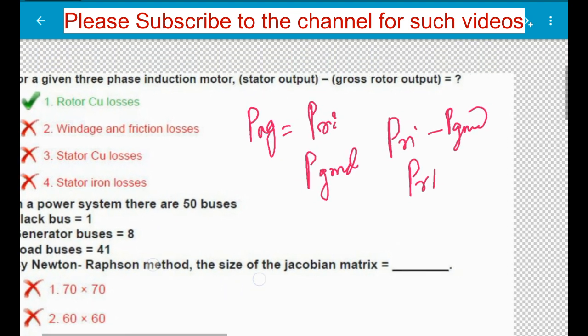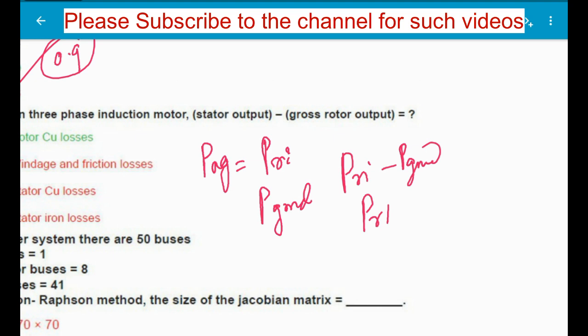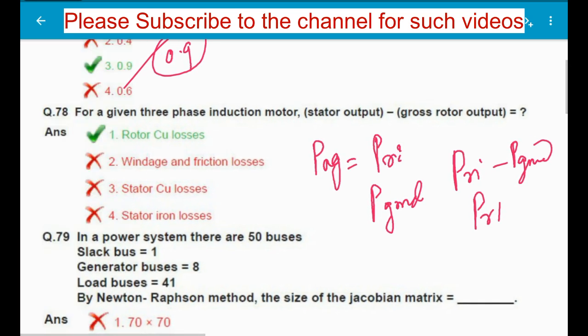Rotor loss has rotor core loss and rotor copper loss. Because the core loss is dependent upon the frequency, and the frequency generated in the rotor circuit is very low, in terms of 1 or 2 Hz, this is why core loss is generally neglected in case of rotor of induction motor. So this is rotor copper loss.